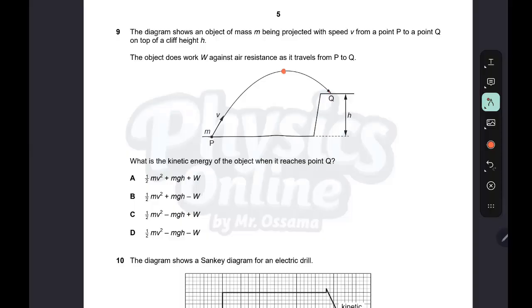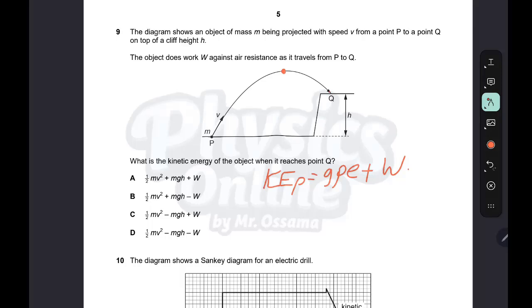At point P, the kinetic energy is going to change into gravitational potential energy and work. This will happen at the top of the cliff. As the object starts to fall down, the gravitational potential energy and work done against resistance will change into kinetic energy.